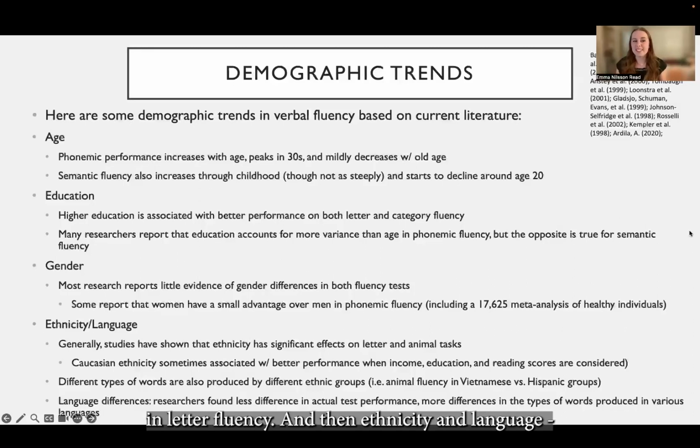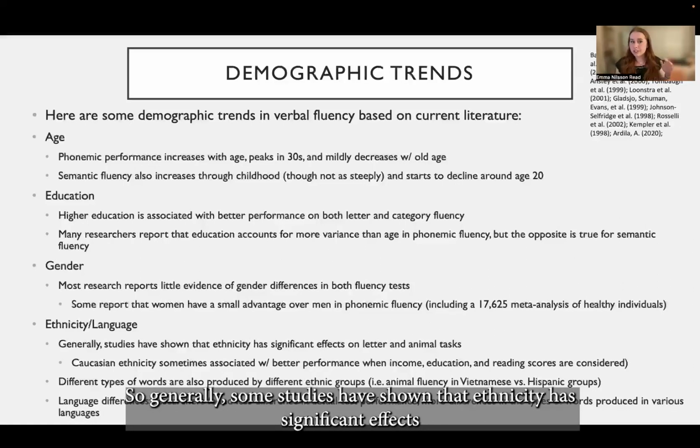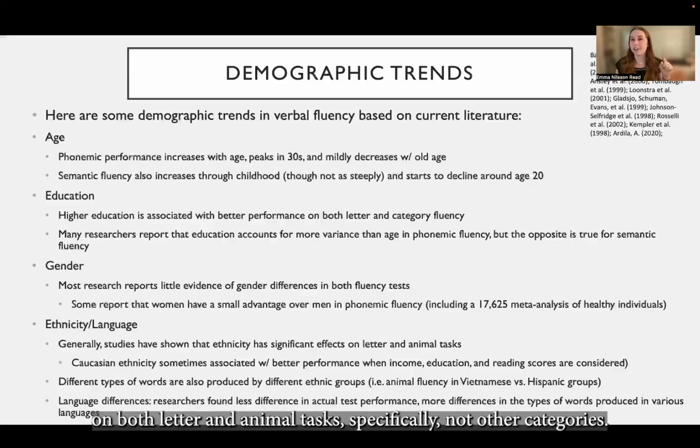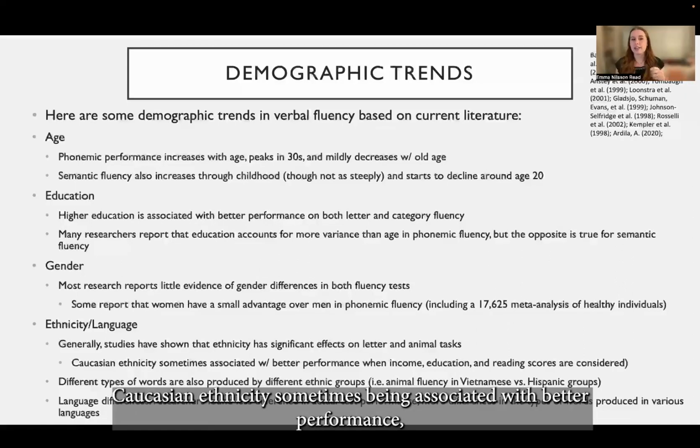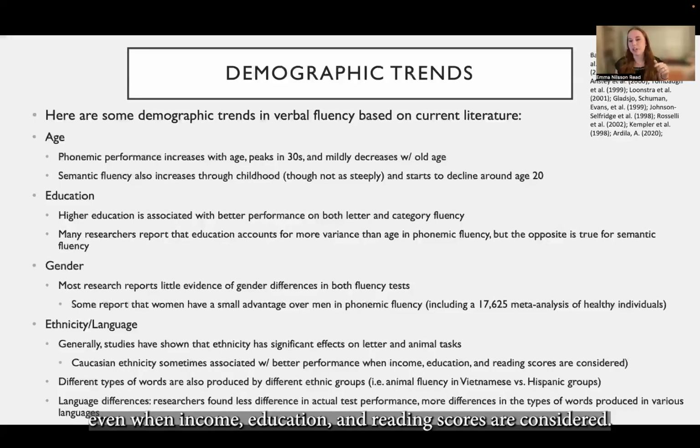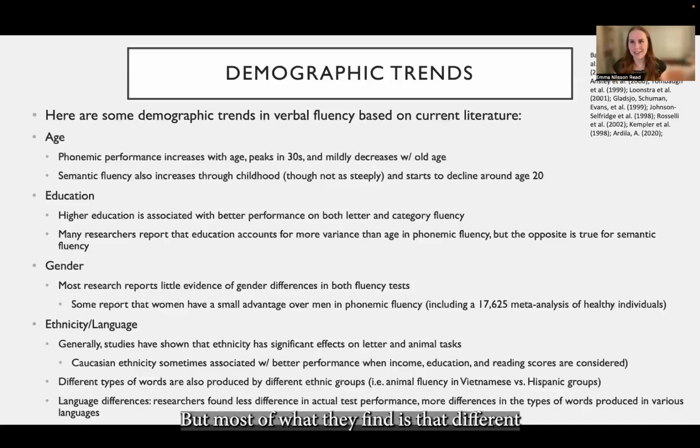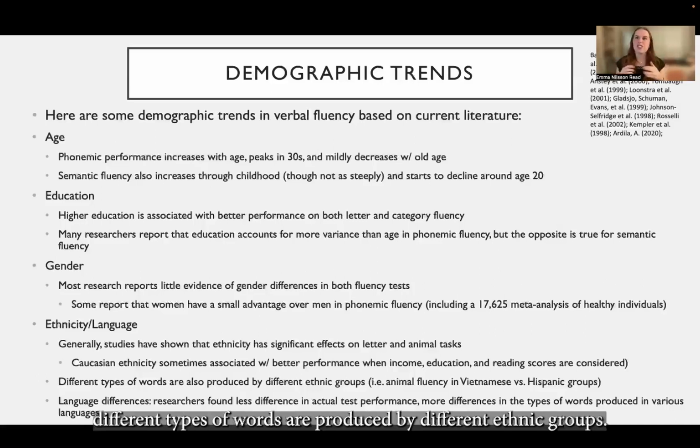And then ethnicity and language. Generally, some studies have shown that ethnicity has significant effects on both letter and animal tasks specifically, not other categories, with the Caucasian ethnicity sometimes being associated with better performance, even when income, education, and reading scores are considered. But most of what they find is that instead of different performance levels, just different types of words are produced by different ethnic groups.